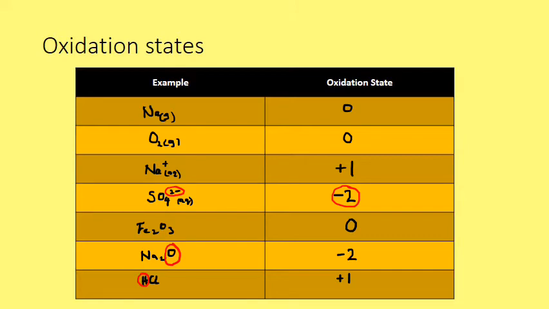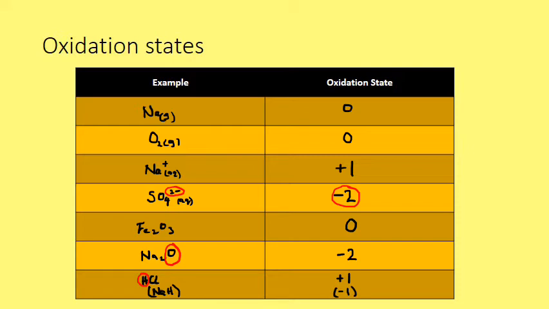An example of a metal hydride might be sodium hydride or potassium hydride, in which case that would be -1. But they are less common, and mostly combined hydrogen has an oxidation number of +1.